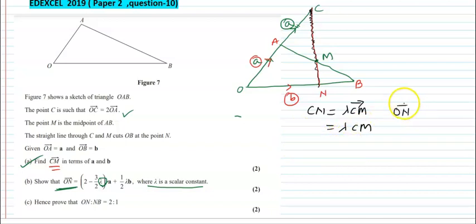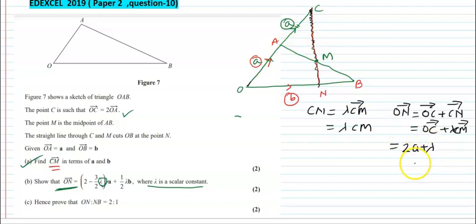On we can write down OC plus CN. ON is OC plus CN. So this is OC, and in place of CN we can write lambda CM. So OC is 2a.